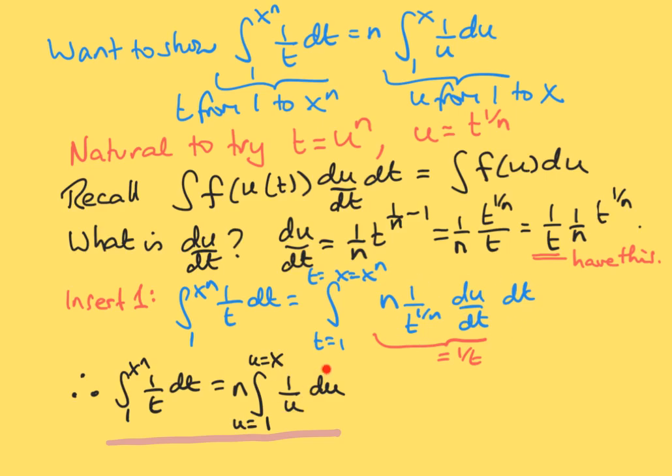We're now integrating with respect to u, and this is a definite integral, so the limits here should be for u, and at the bottom, when t was 1, if t is 1, u is 1, and if t is x to the n at the upper limit, you would have x to the n all to the 1 over n, and by the rules for powers, that's just going to be x.